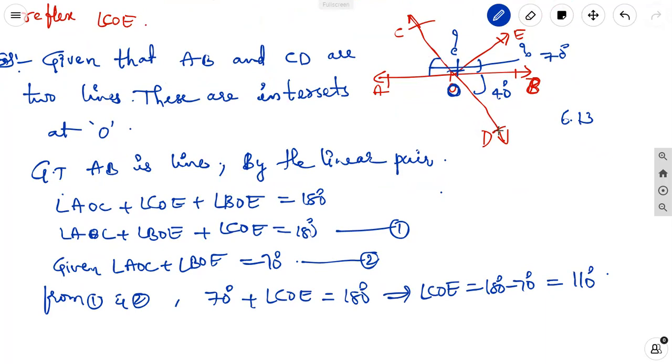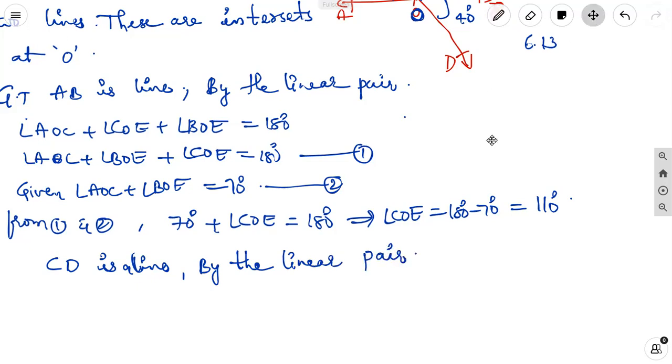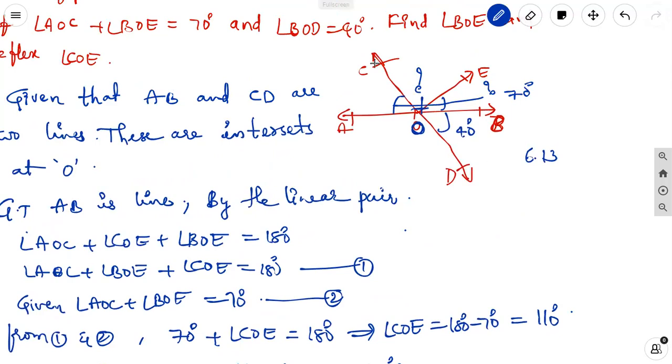And one more thing, we can take that CD is a line. Okay. Here, CD is a line. By the linear pair, angle COE plus angle EOB plus angle BOD equals 180 degrees.